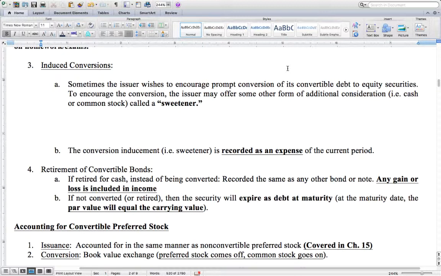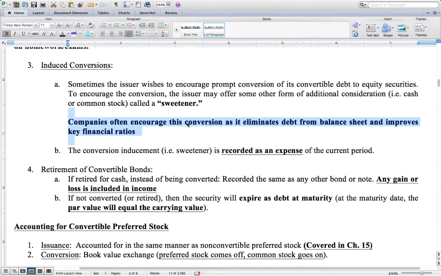They may issue the convertible debt when it is in their favor. However, things may change in the interest rate environment where it is more beneficial to the issuer if you have the equity as opposed to the debt. Additionally, companies will often encourage this conversion as it does eliminate debt from their balance sheet and improves key financial ratios.